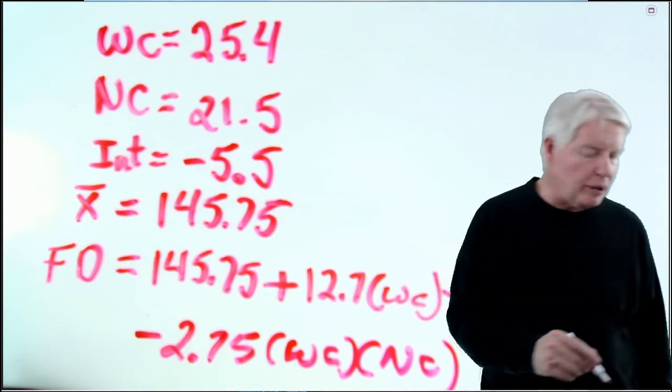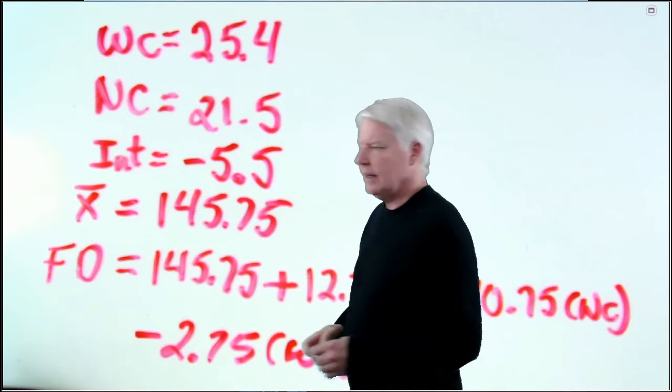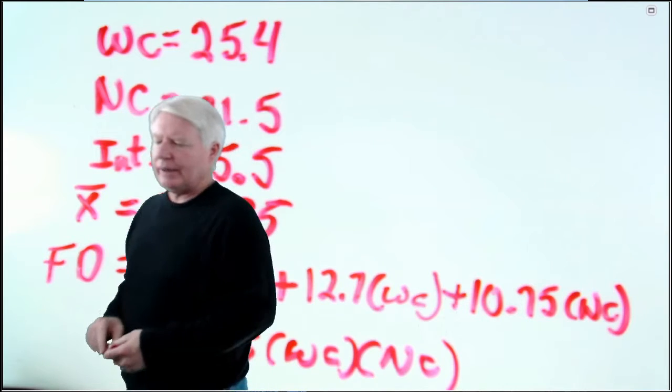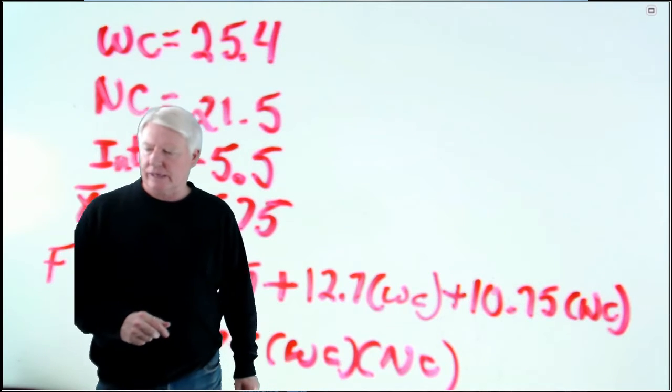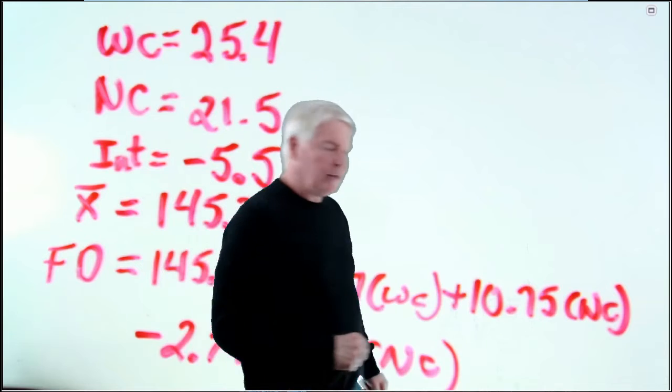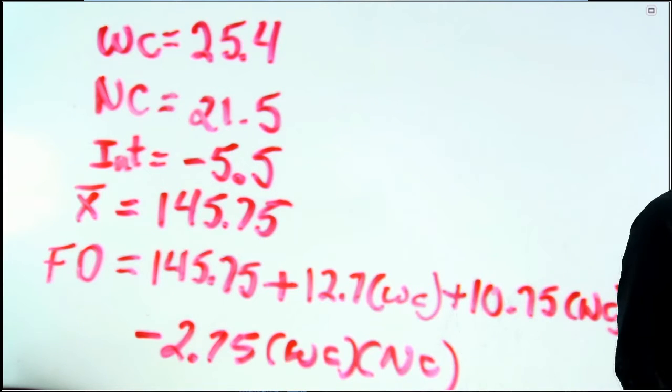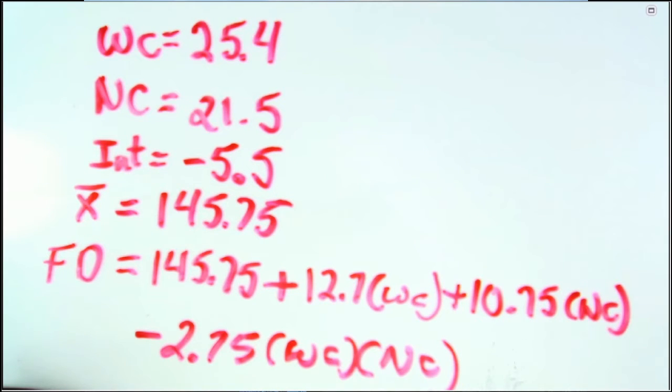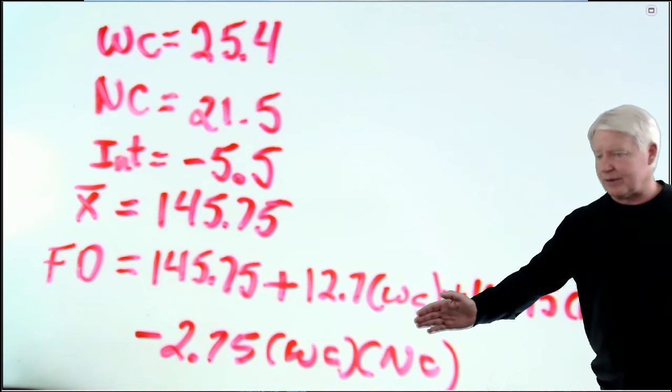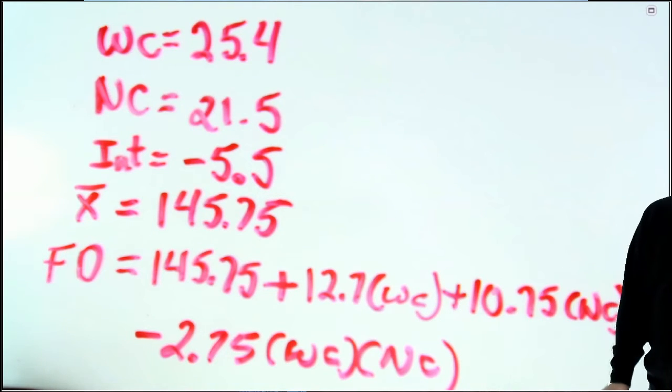And then you could put plus error there for the variability about the linear regression line. We could add that to it as well. So that's the mathematical equation. Let me get out of the way so you can see the whole thing. So flight distance is going to equal 145.75 plus 12.7 times the wing condition plus 10.75 times the nose condition minus 2.75 times the wing condition times the nose condition.